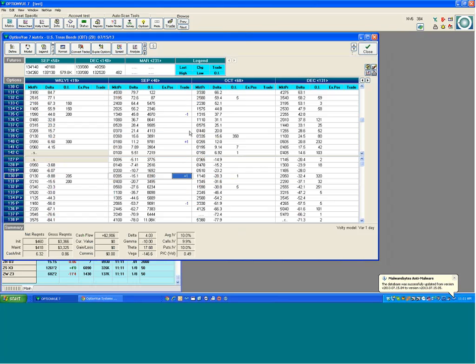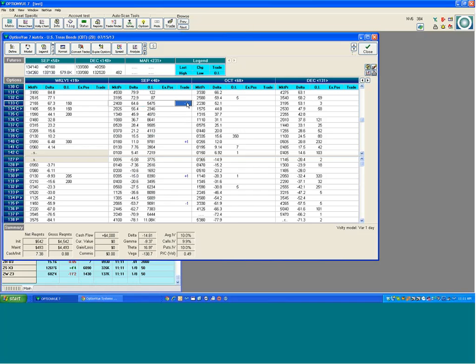How do we acquire negative 20 deltas? The simple way is to do a credit call spread, a bear call spread. We could purchase to close a 135 call that we sold, and we could sell to open a 133 call.